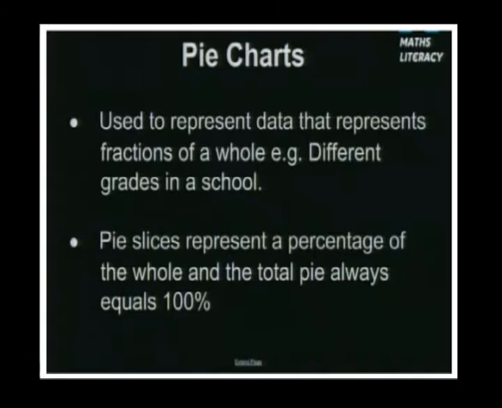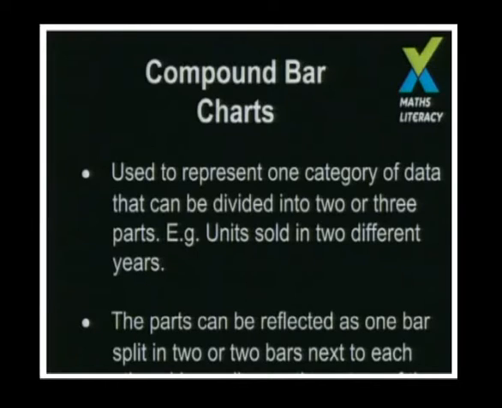It says here that the pie slices represent a percentage of the whole, and the total pie is always equal to 100%. You can never have data that goes over 100% represented in a pie chart, because the whole idea of a pie chart is that it represents portions of a 100% whole. Then the ones that usually get asked in the exams, the compound bar charts.